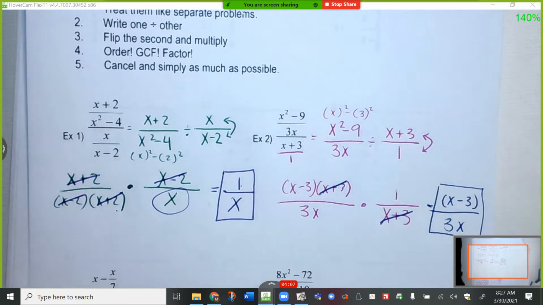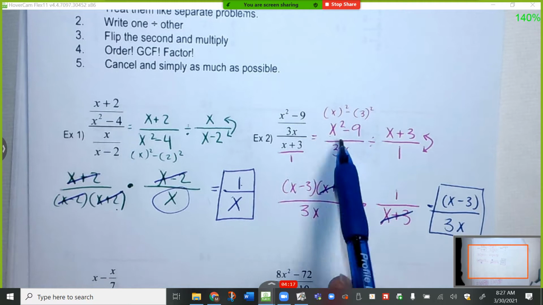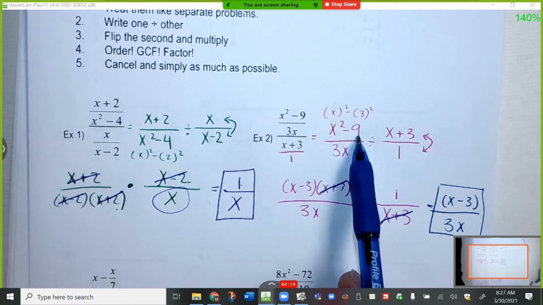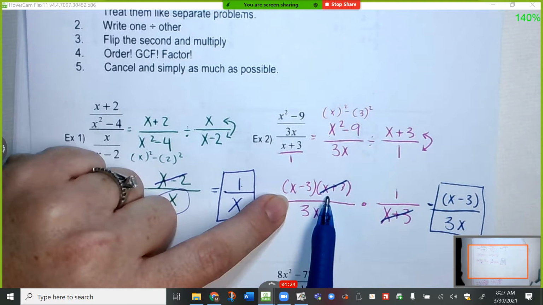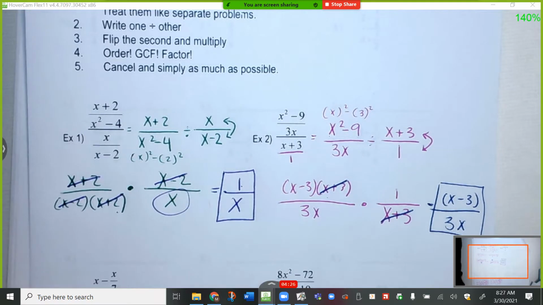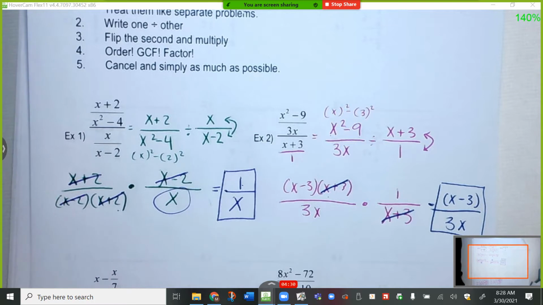There's my answer. This is a perfect square because x squared gives you x squared, and this is a perfect square because 3 squared gives me 9. So I broke it down to difference of squares, just like we did here.